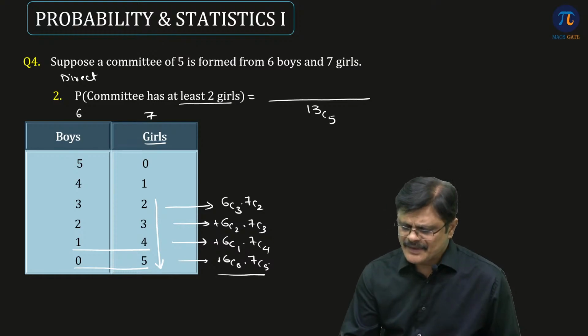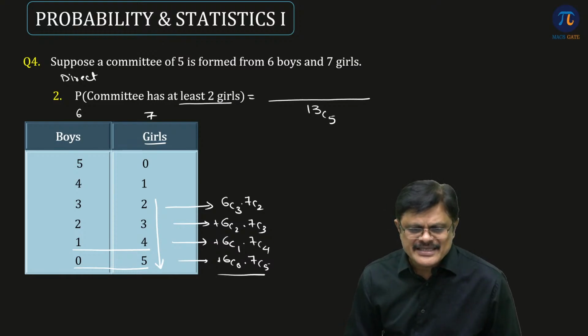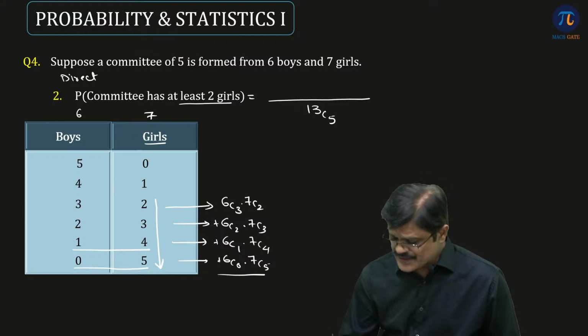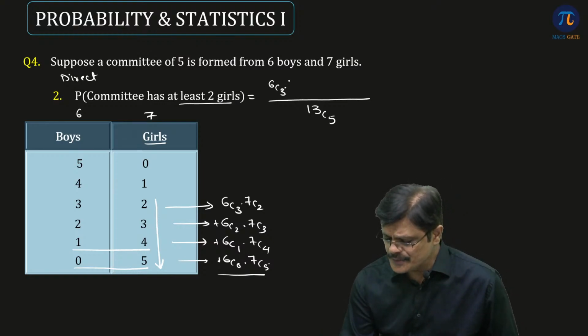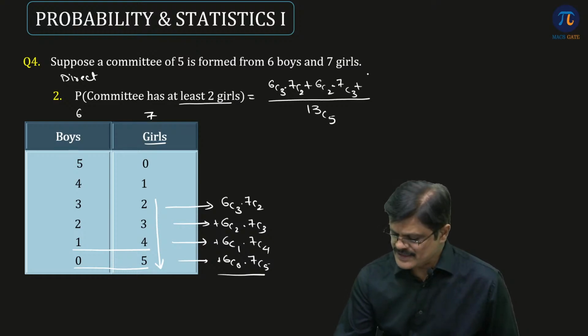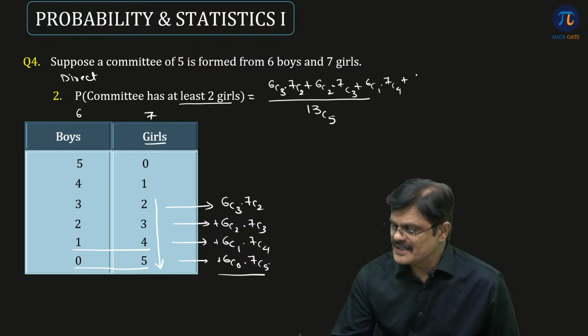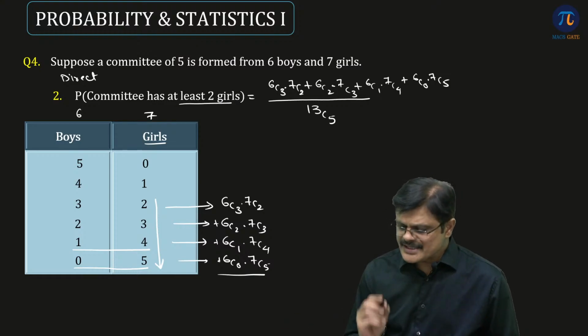Is that clear? So the probability is 6C3 into 7C2 plus 6C2 into 7C3 plus 6C1 into 7C4 plus 6C0 into 7C5, all divided by 13C5. So that is the direct method.